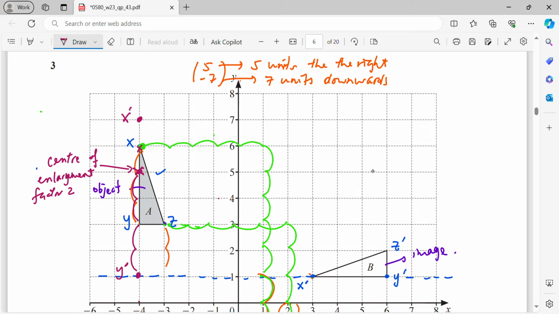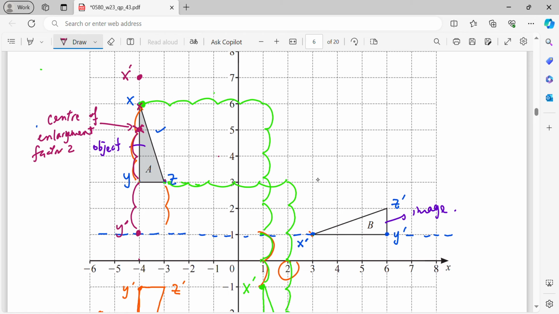Therefore the Z, you can just check the Z coordinate. The coordinates will be (-3, 3). Then you just times 2.